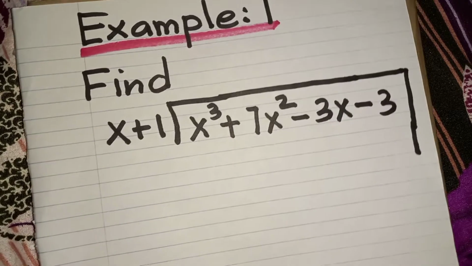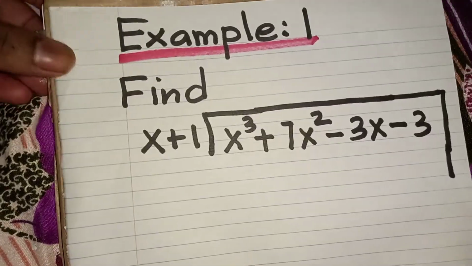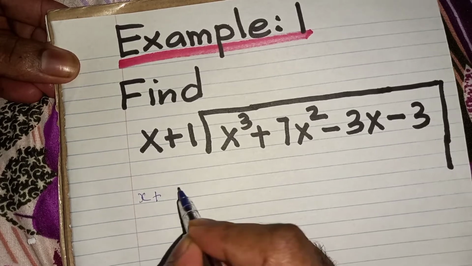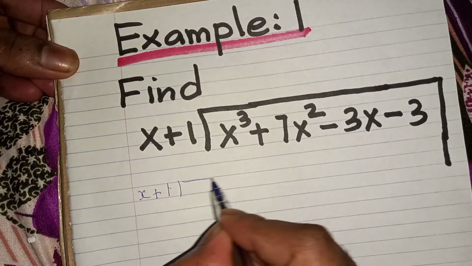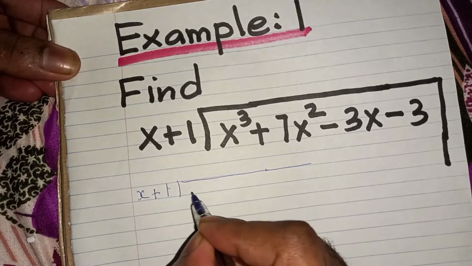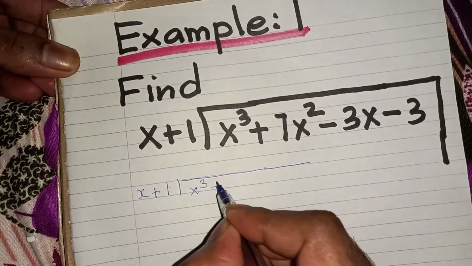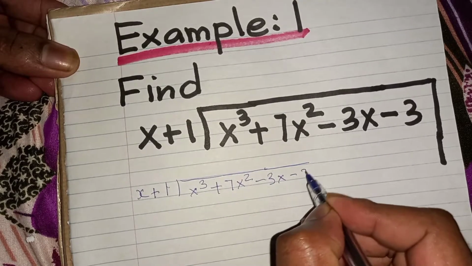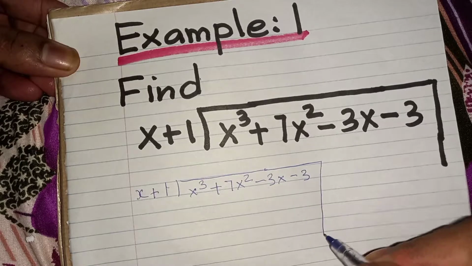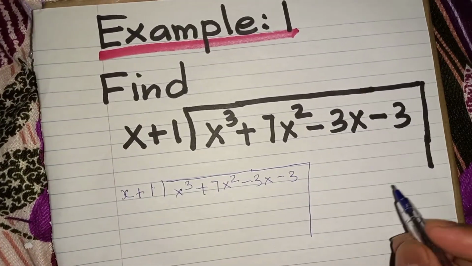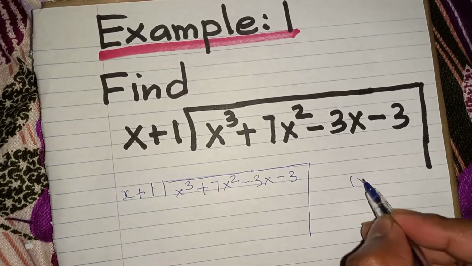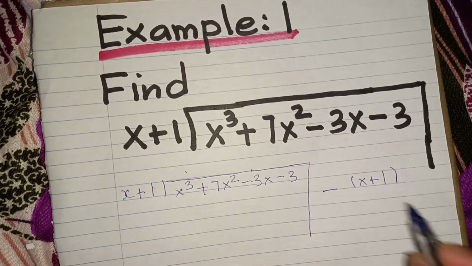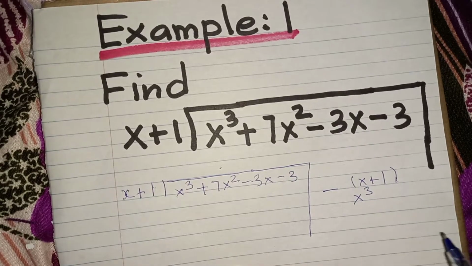So how are we going to do this? We will first write all this again, x plus 1, and then everything inside the radical, x cubed plus 7x squared minus 3x minus 3, and then on the side we are going to write the factor, which is x plus 1, and then we need something to multiply to give x cubed.